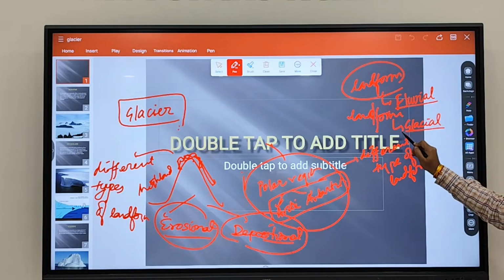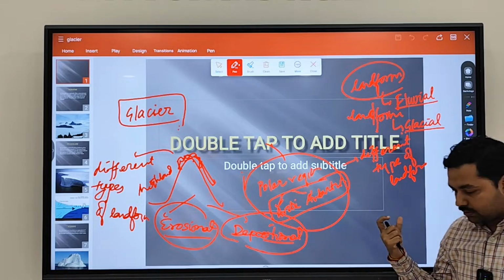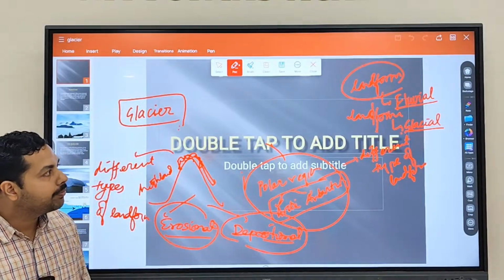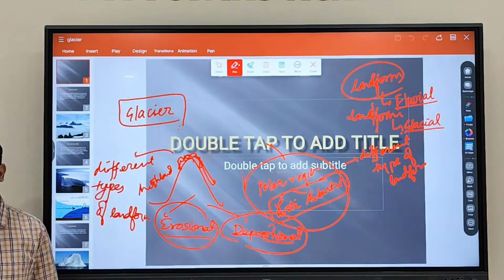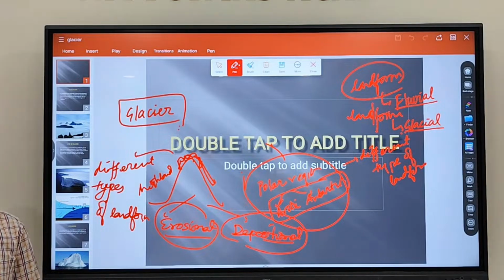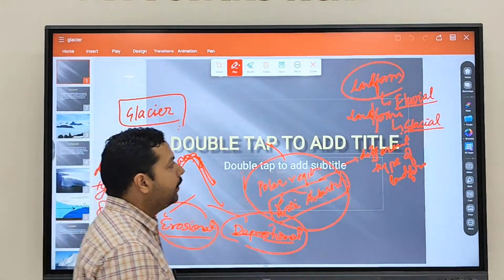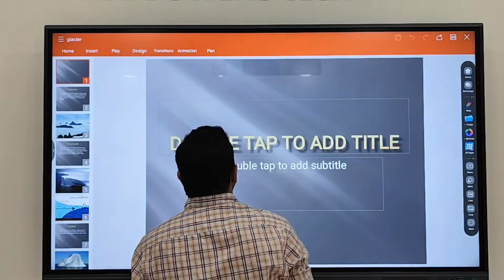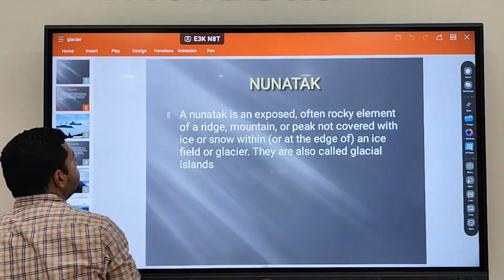Whatever landform made by the rivers are going to be called as a fluvial landform. Whatever landform that are made by the glaciers are going to be called glacial landforms. Fine.